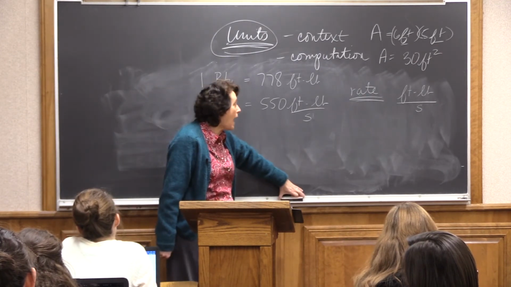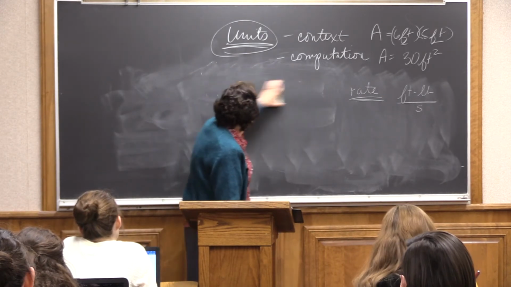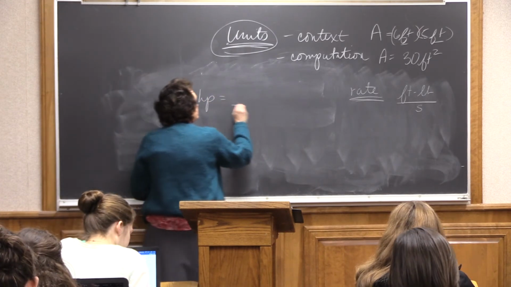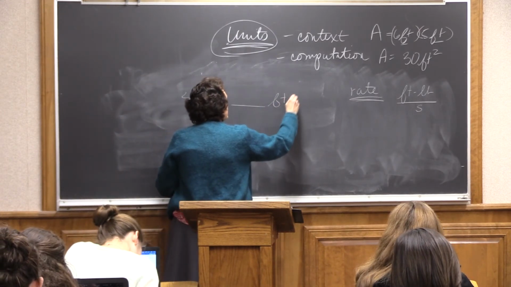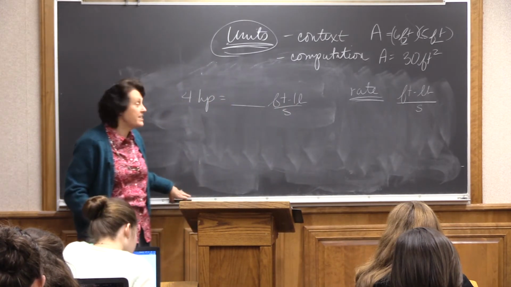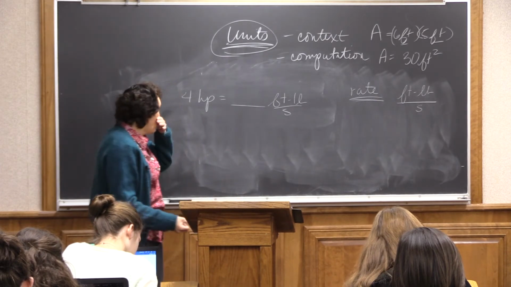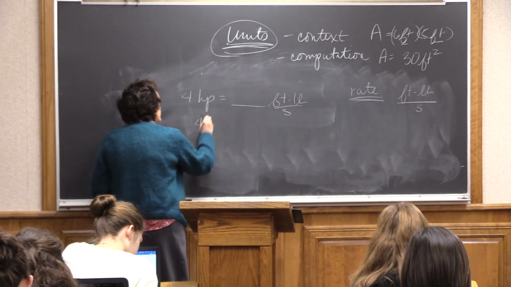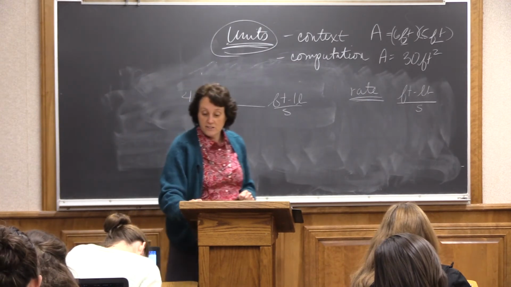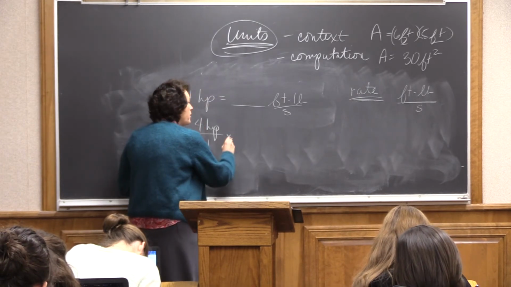How much power is in 4 horsepower? How much work per second does a 4 horsepower engine do? Well, what am I going to do? I'm going to use cancellation of units, and the cancellation of units will guide me through the problem.